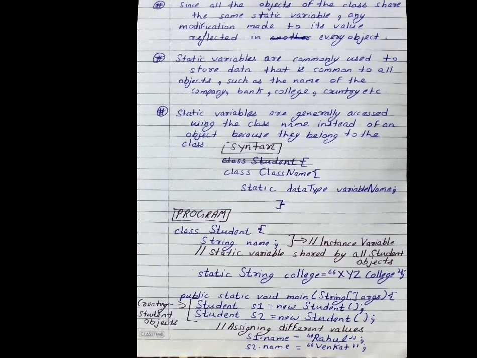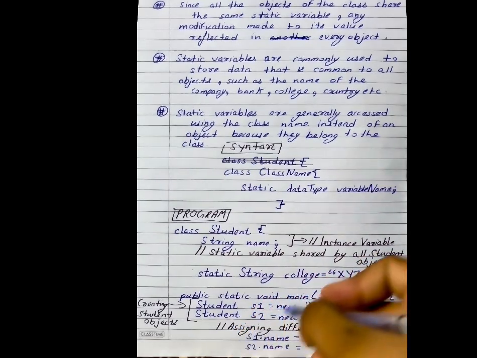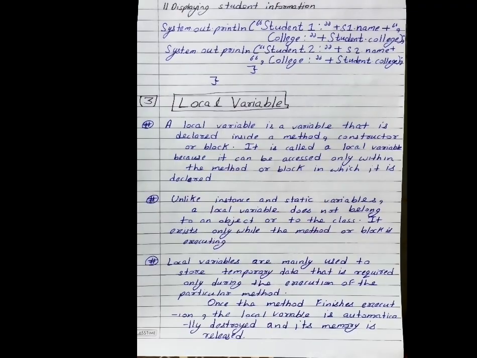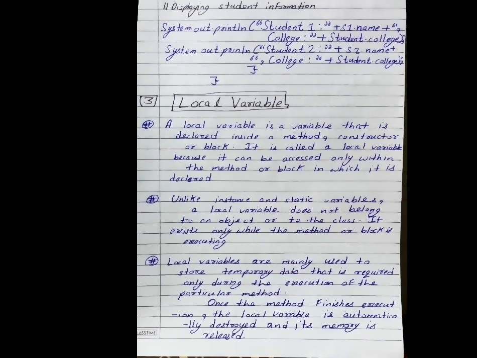After that, we assign different values in this. So for displaying the student information, the static variable is accessed using Student.college.